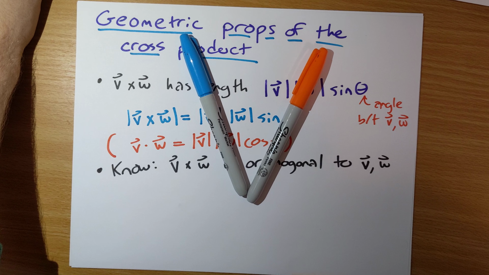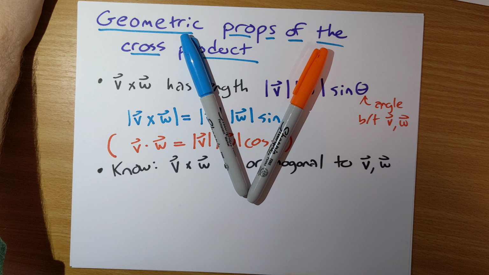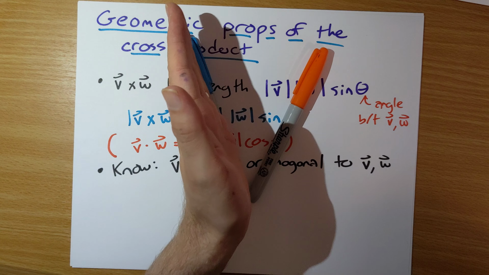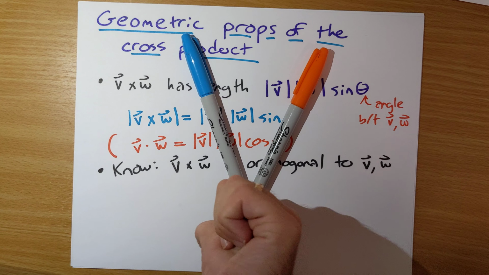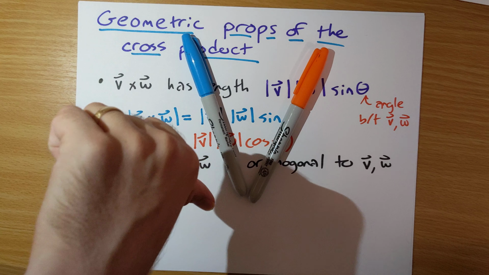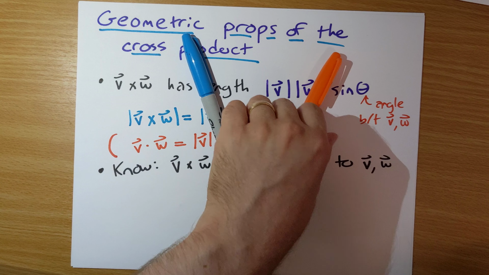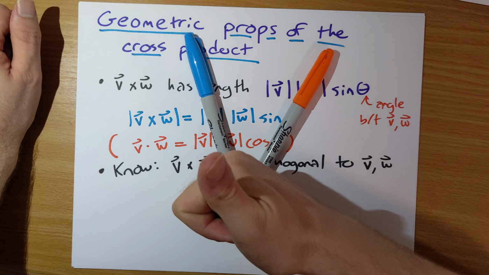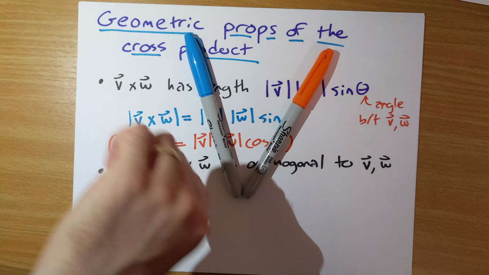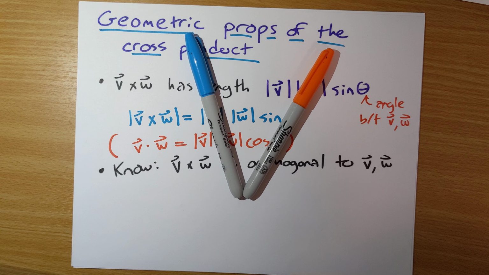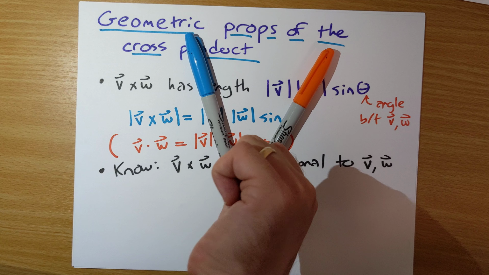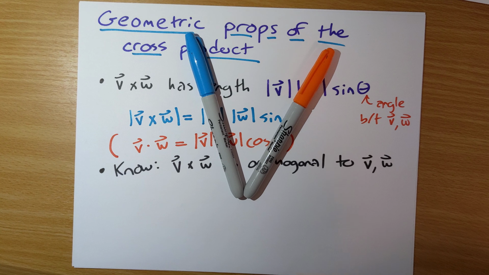Another direction that's orthogonal to the blue and the orange, V and W, is my thumb pointing straight down, away from the camera, into the table. So towards the camera, up from the table, is one direction that's orthogonal to these two markers. Into the table, away from the camera, is another one.